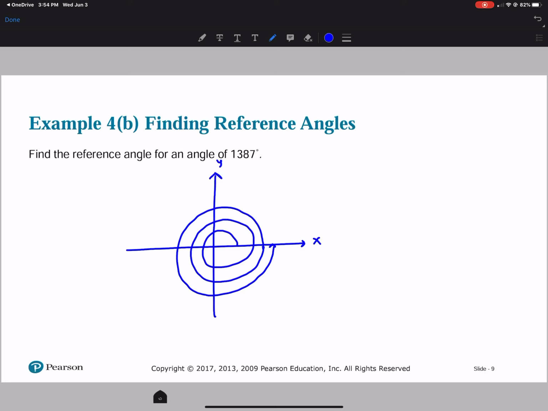So that's 1080, and I need to go how many more? 1387 minus my 1080. I need to go 307 more. So to go 307 more, I would go all the way around till I get to here, which is 270. Then go 37 more, right?